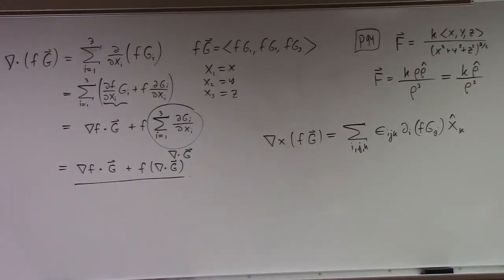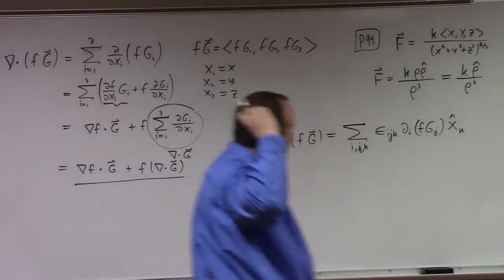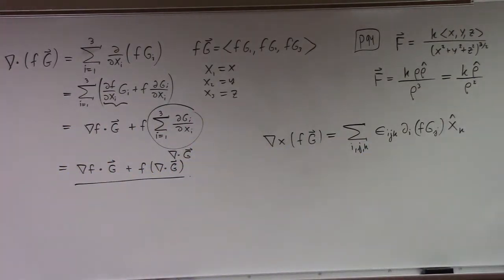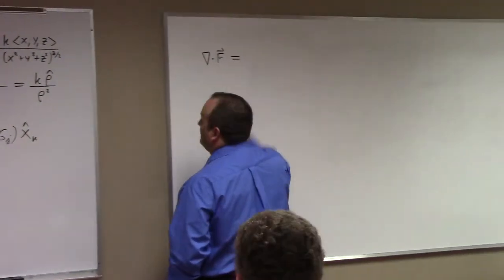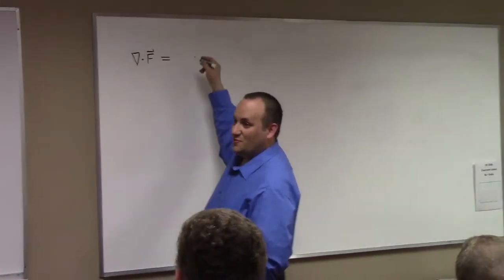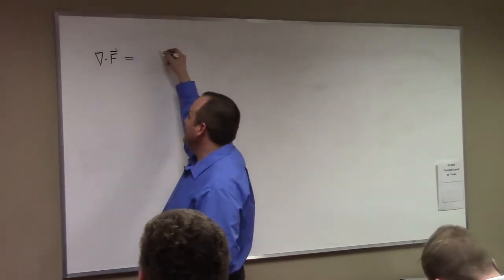Which is far from intuitive. I'll spoil the answer. This is actually the same question in 3 dimensions that I made problem 1 on the daily quiz yesterday. But if you calculate the divergence of F, you know what you're going to get? You work it out, you will get a big fat 0.